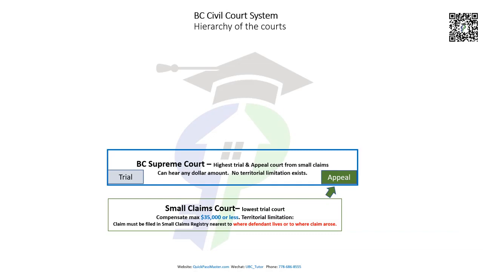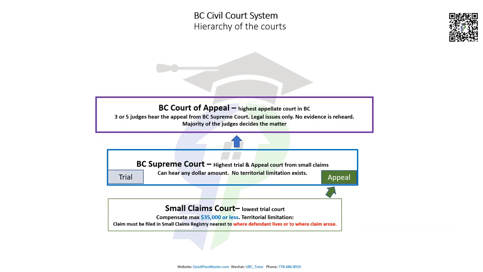If I lost at the BC Supreme Court, I can appeal to the BC Court of Appeal. It's the highest appellate court in BC. It's not a trial court. When it's not a trial, the judge will only look at legal issues, whether the lower level court judge applied the law incorrectly, and no evidence will be reheard. 3 or 5 judges hear the appeal from BC Supreme Court.